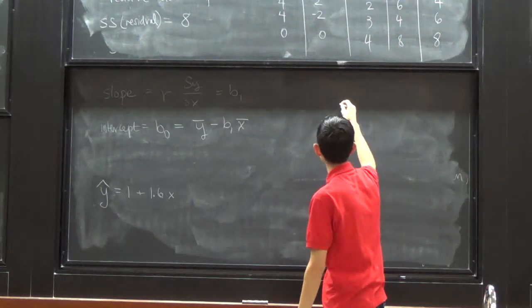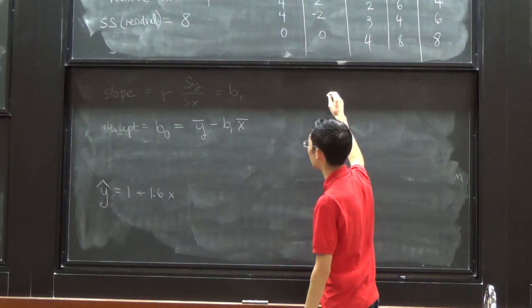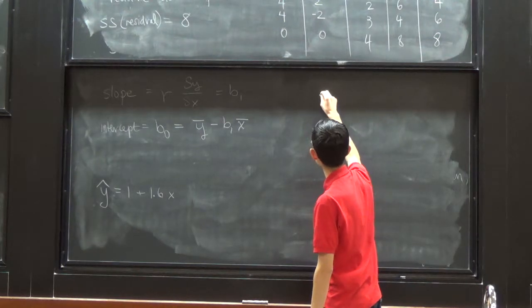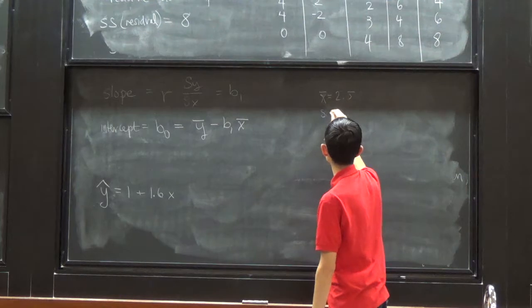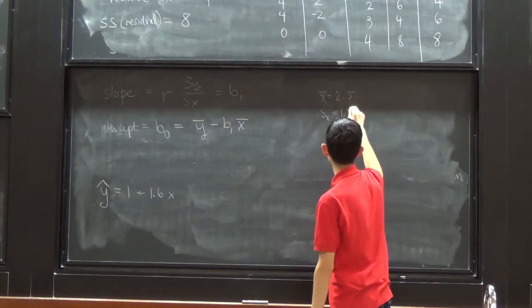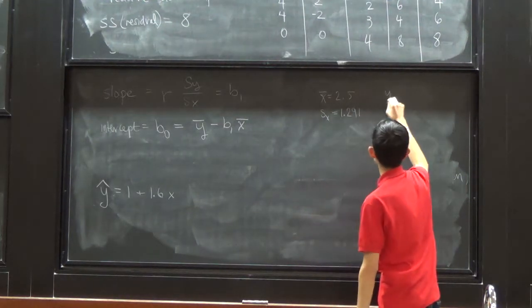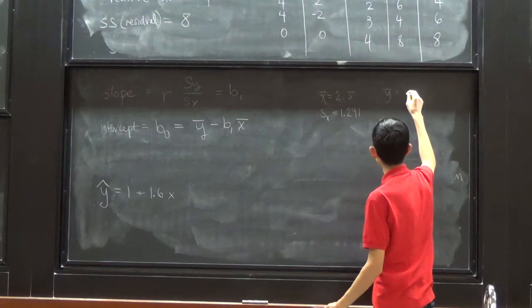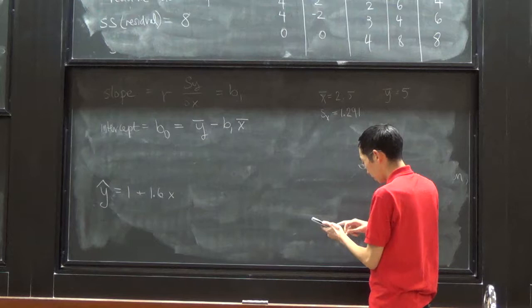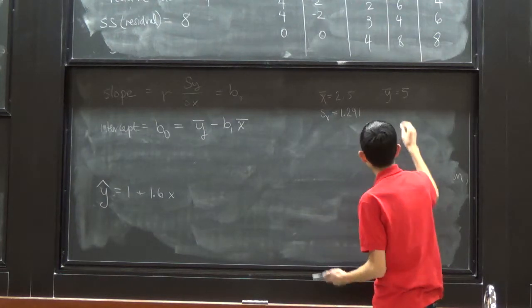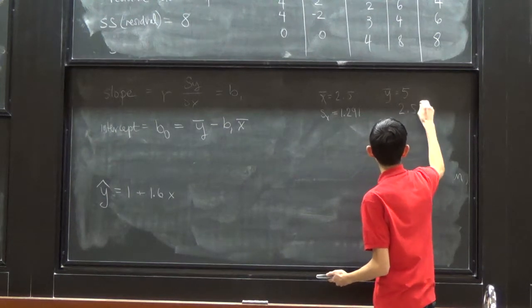If we remember our data, x bar was 2.5, the standard deviation of x was 1.291, y bar was 5, and the standard deviation of y was 2.582.